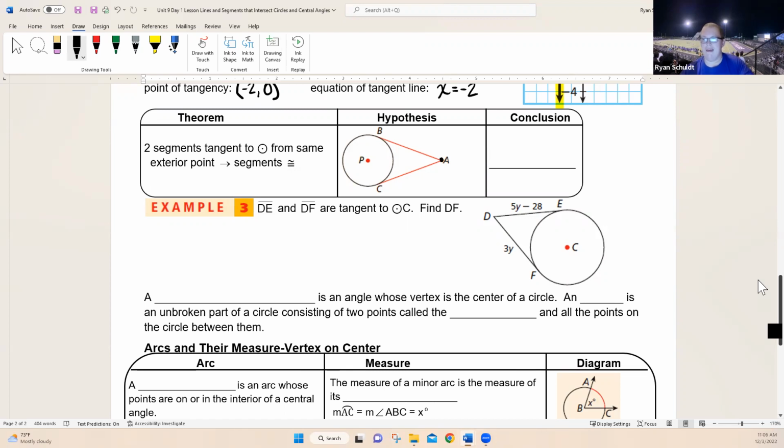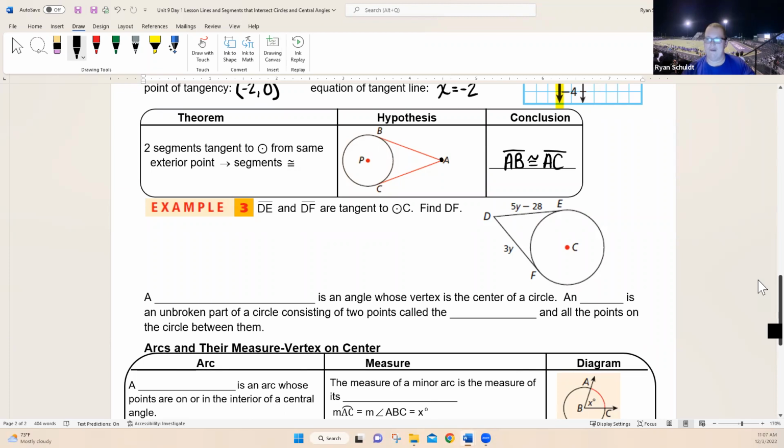So what this is saying is segment AB is congruent to segment AC. That's all that theorem is saying. If they start at the same point and then they split off and they're both tangent to the circle, those two are congruent. They're equal.